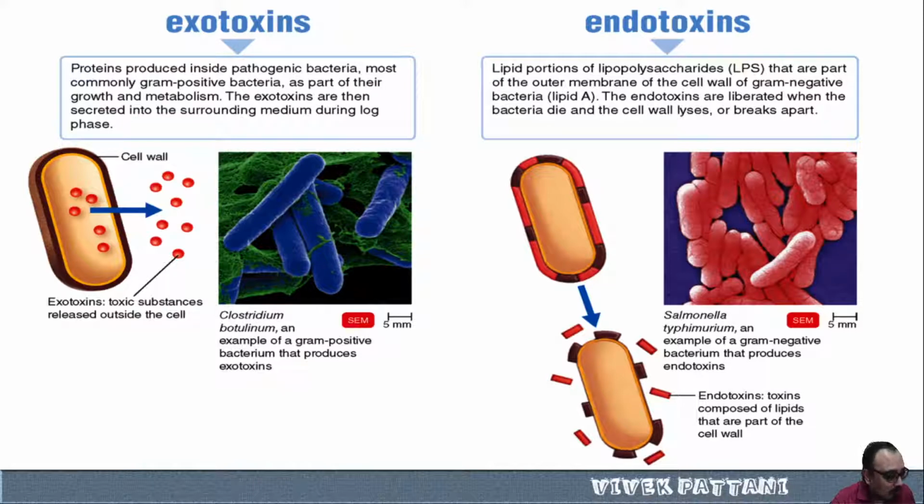Toxins also inhibit protein synthesis, sometimes destroy the blood cells and even the vessels, and disrupt the nervous system by causing spasms.